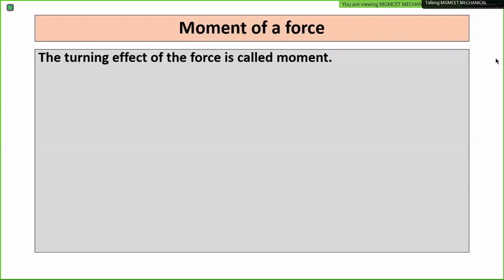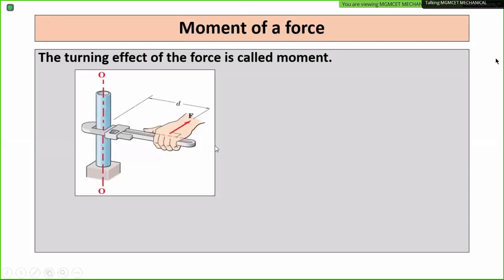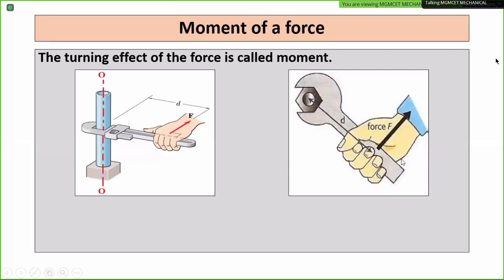So how to measure it, right? To measure the moment, the example also I will show you. See here with a pipe wrench, you are applying the force over here. And definitely after rotating, what will happen? This pipe will rotate about the axis OO. So this is the rotational effect of the force. Second diagram, when you are opening a nut here, nut open करने के लिए हम क्या करते हैं?